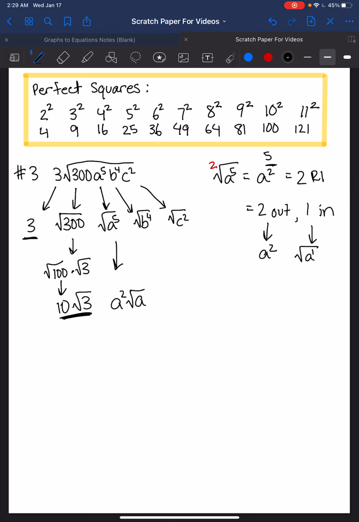All right, b to the fourth. Again, there's a silent 2 there. Write it as an exponent. B to the 4 over 2. This one, thank God, is much easier. It's just b squared.